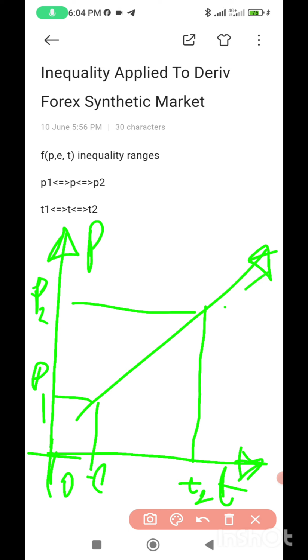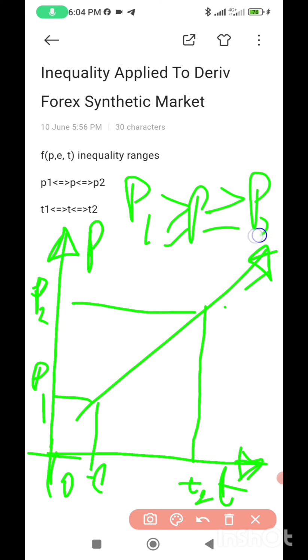For all prices above this line of symmetry, what it's trying to tell you is, for price P1 greater than or equal to P2, buy. You are going to buy.